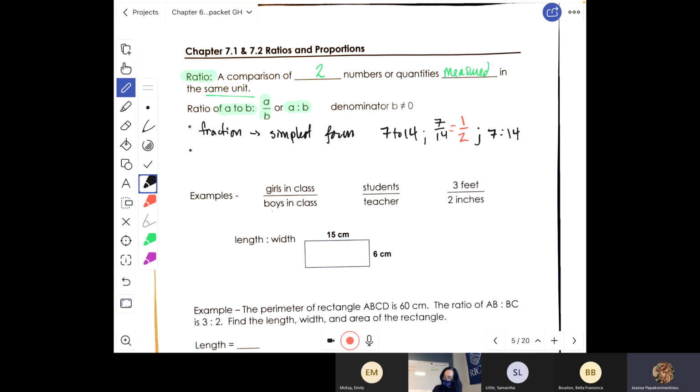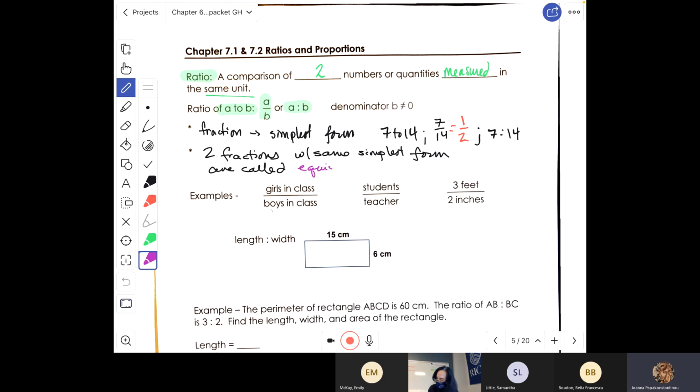Now, we say that two fractions with the same simplest form, so in other words, if I take two fractions and I simplify each of them, that they are called, do we know?